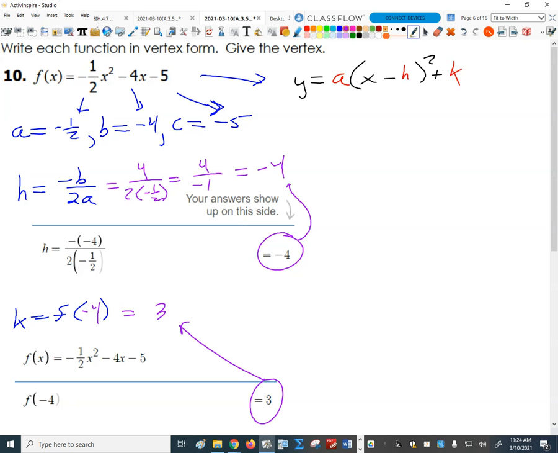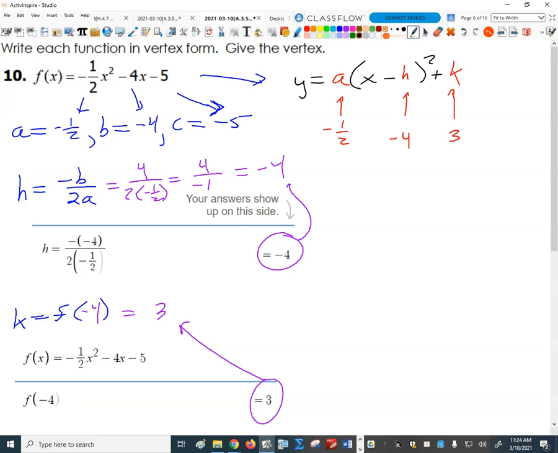And so I know the values to plug in, don't I? A is negative 1/2. H is negative 4, right? And K is 3.